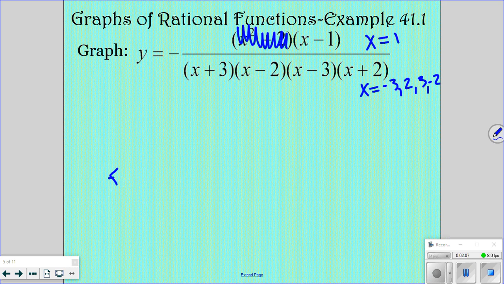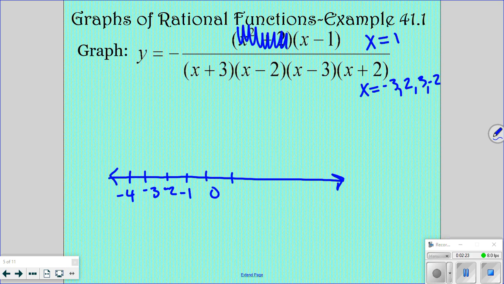So hopefully you're remembering a little bit about this. And we're going to graph, and we need to graph so that we have all of these numbers. So I'm going to do -4, -3, -2, -1, 0, 1, 2, 3, and 4. So that's my x-axis.